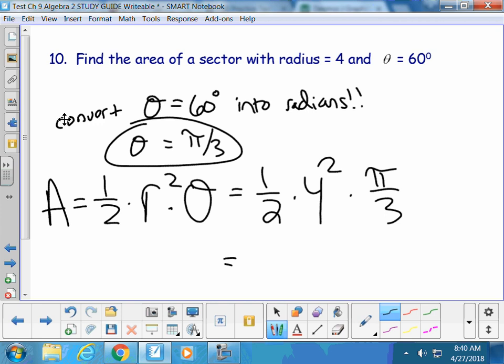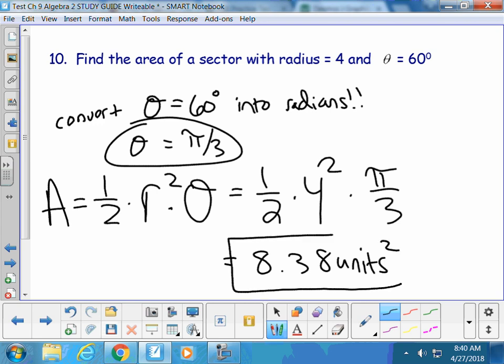I'm going to go ahead and type that in with you just to check my answer that I have on my paper. 1/2 times 4 squared times pi over 3. 8.3775. So let's round that off to 8.38. It's an area. So they don't really tell you what our units are, if they're inches or feet or whatever. So just go units squared.